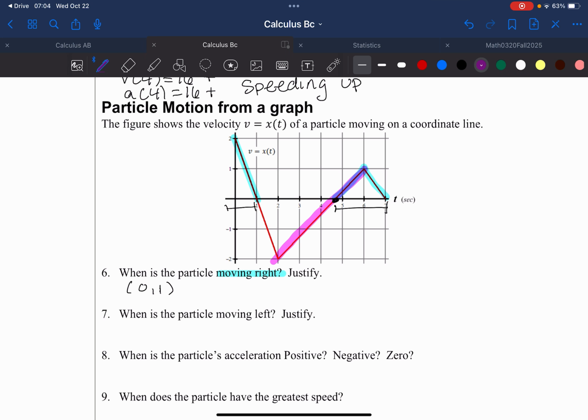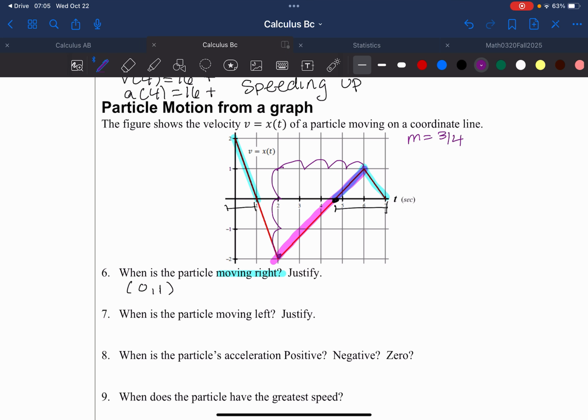In order to do that, we could find the slope by doing rise over run. So starting down here, this would be up 1, 2, 3, to the right 1, 2, 3, 4, which means the slope is 3 over 4.